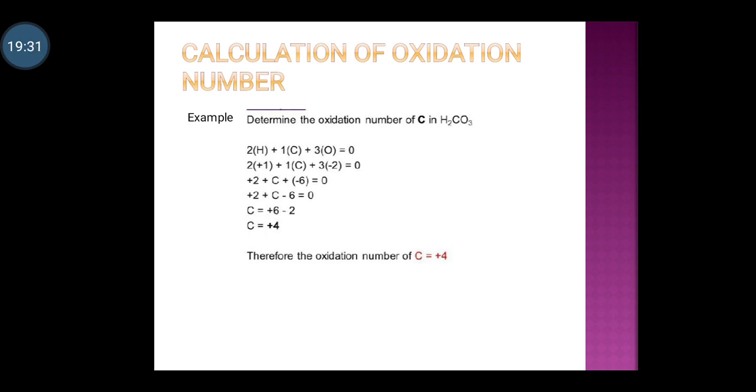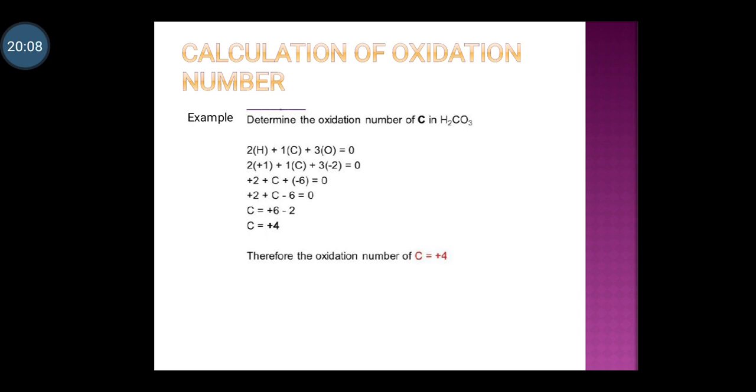So 2, open a bracket, H, 2 in front of it because you have 2 hydrogens, plus 1 of C, plus 3 of oxygen because you have 3 oxygens, equals 0. The oxidation number of hydrogen, because hydrogen is in group 1, is 1. So it will be 2 times plus 1, plus C, because it's C we are looking for, so you write just C and not the oxidation number, plus 3, open a bracket, minus 2. The oxidation number of oxygen is minus 2 because it belongs to group 6.